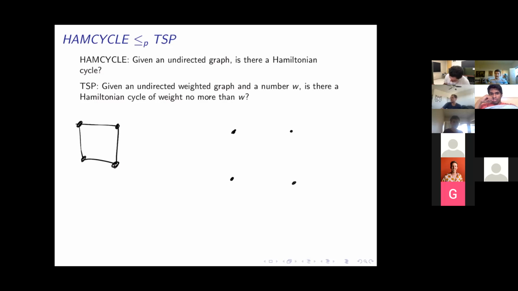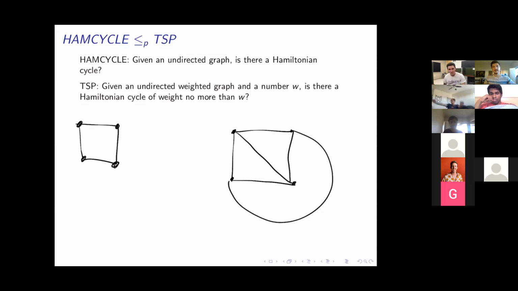The weighted graph is going to be the complete graph on those vertices. And the weight is either 1 if that corresponding edge was in the original graph, and n plus 1 if it was not in the original graph. And now the question: is there a complete Hamiltonian cycle with weight no more than n in this graph?